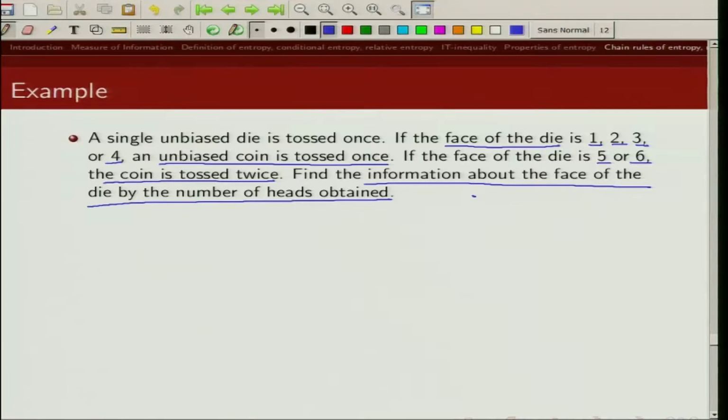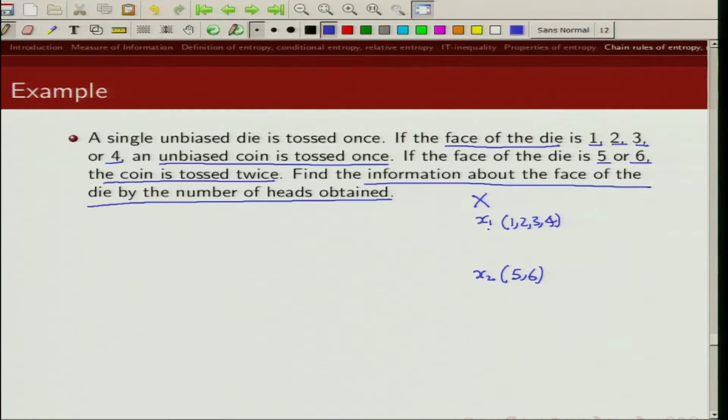So you can think of it as input x being the outcome of the dice. There are two possible outcomes, x1 and x2. If the dice outcome is 1, 2, 3 or 4, that is one possible outcome, and if the dice outcome is 5 or 6, that is the other possible outcome.